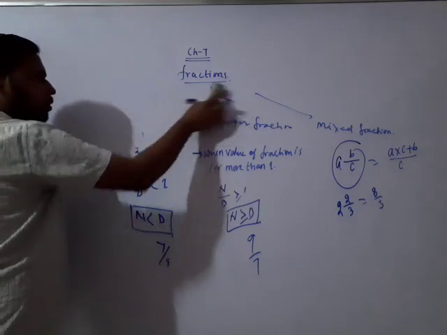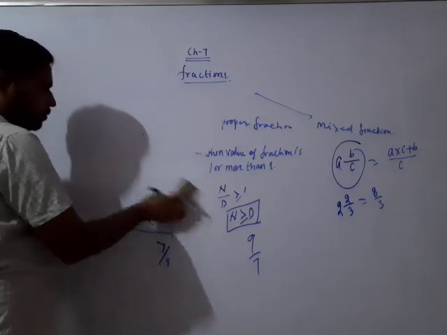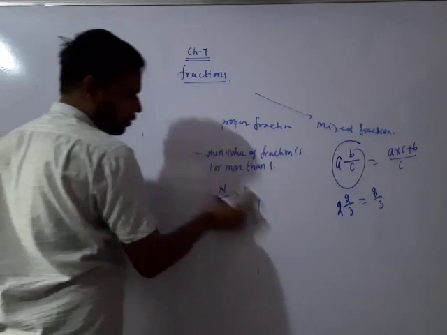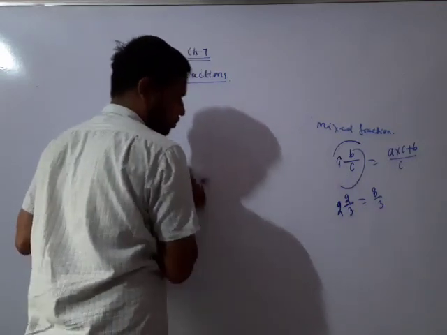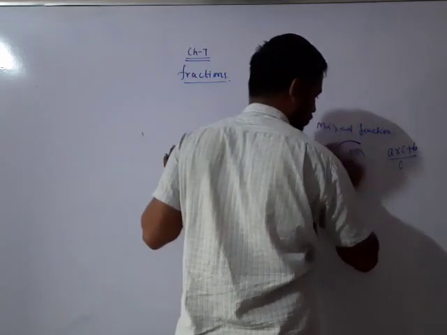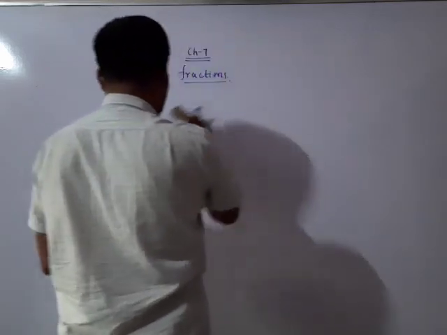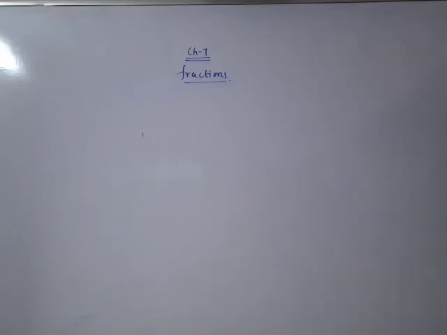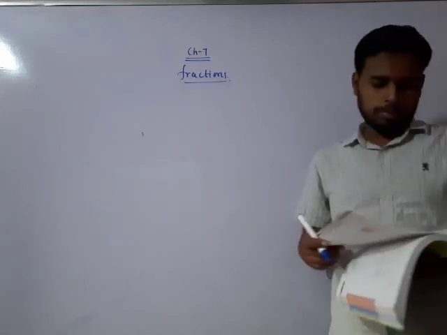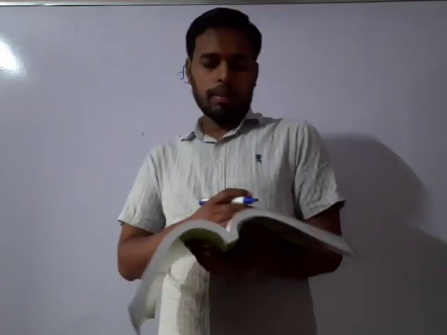Now moving to the book, we will see exercise 7.1.